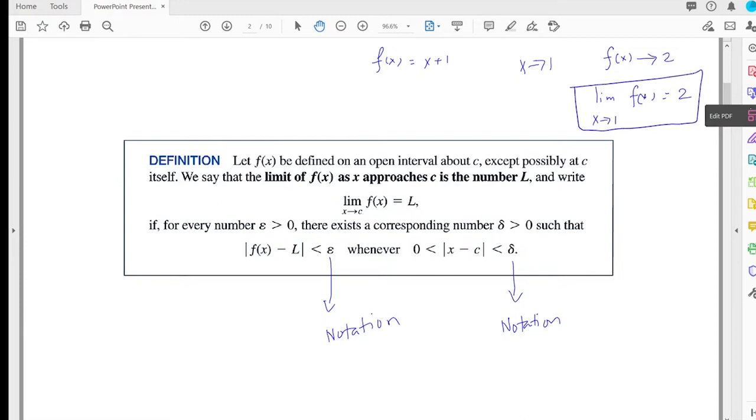So now we're trying to use this definition to understand the idea of the limit.